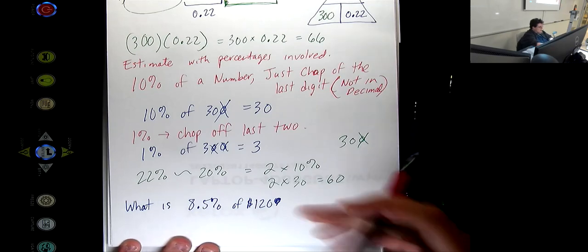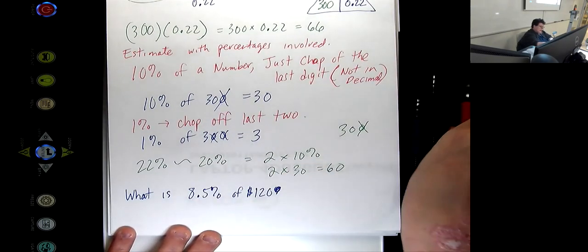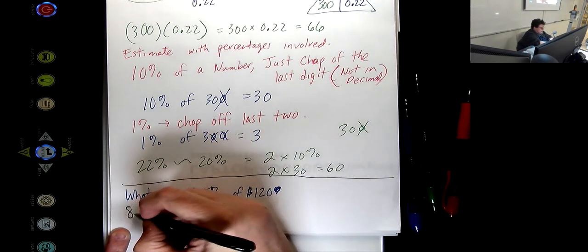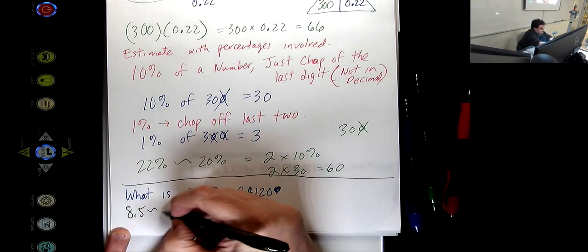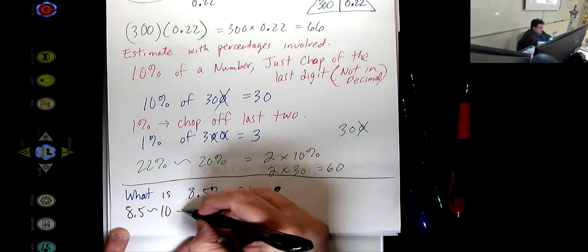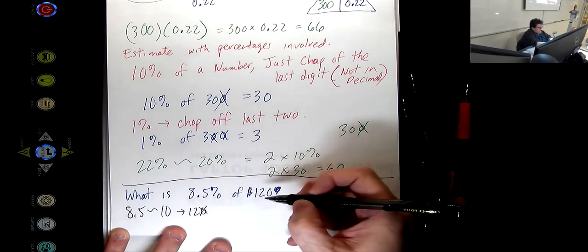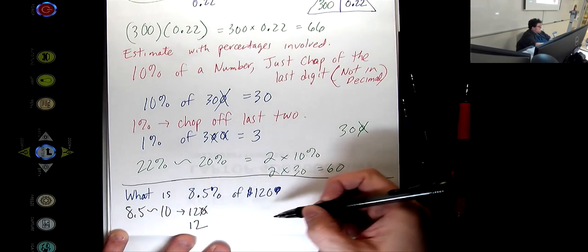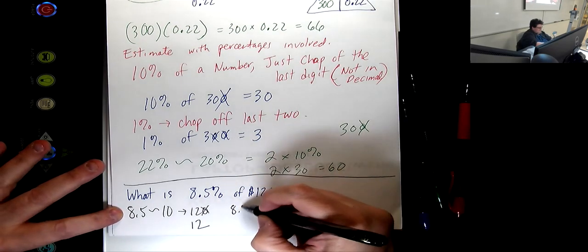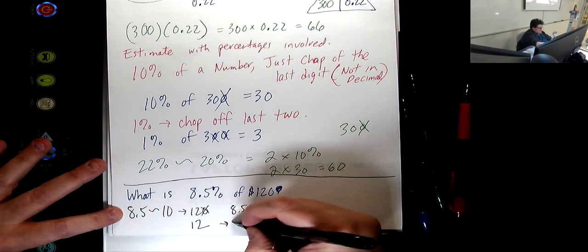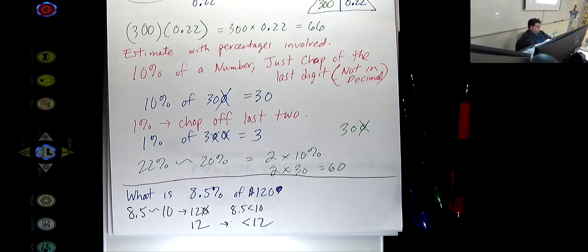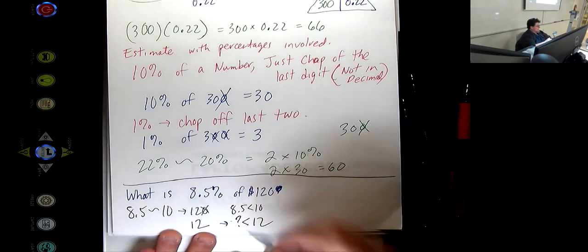If I were to estimate this, I would say 8.5 is pretty close to 10. So I've got 120 and I lop off the last number and I get 12. But 8.5 is less than 10, so whatever I get should be less than 12.